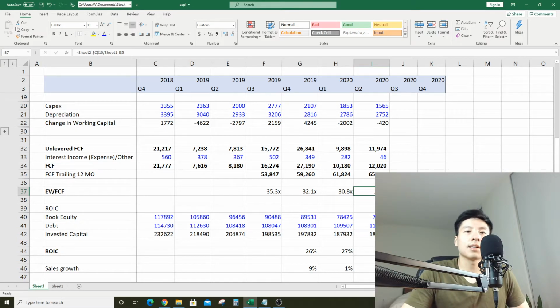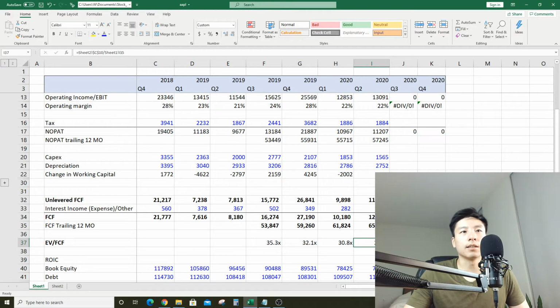If you invested in Apple, it'll take you about 29 years to make back your investment, if the assumption is Apple is generating the same amount of cash as it is today. So to me, I have to wait 29 years. That's a pretty long time.